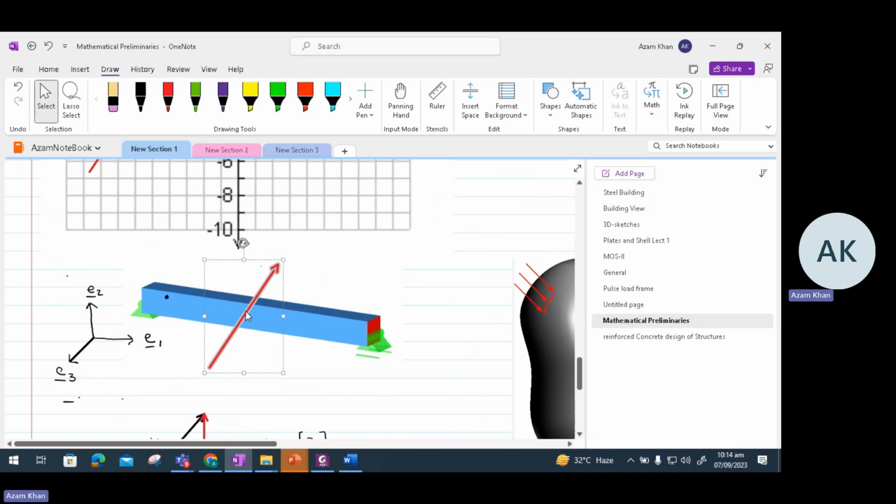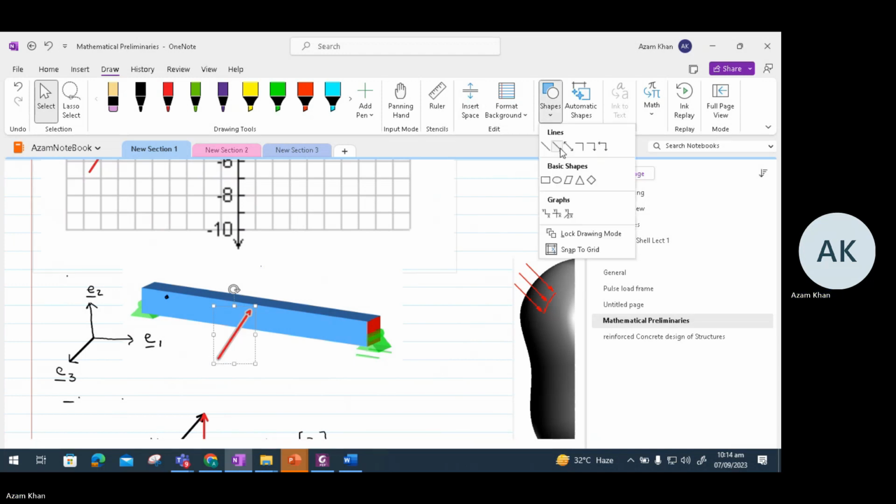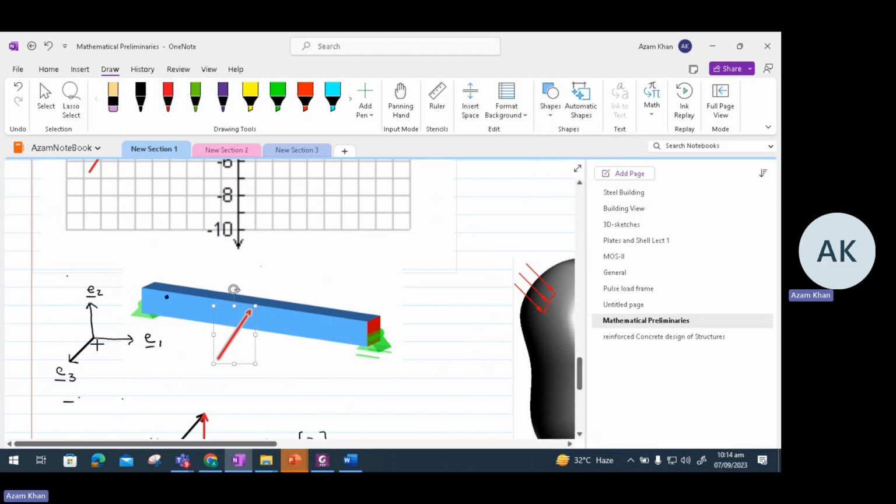So what we do is we introduce a position vector. Imagine this force is applied at this location. So how would we find out the position of this? We would use what is called a position vector.